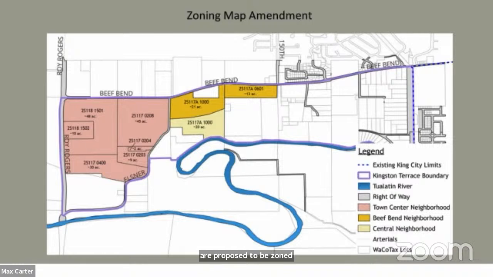And the portions that are in Beef Bend are Beef Bend neighborhood and central neighborhood. And the location distinguishing between Beef Bend and central is kind of a placeholder location for the time being. It'll be set with the center line location of the east-west collector that ultimately is proposed as part of a development proposal at some point in the future. And our next slide.